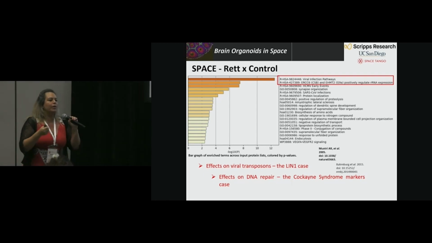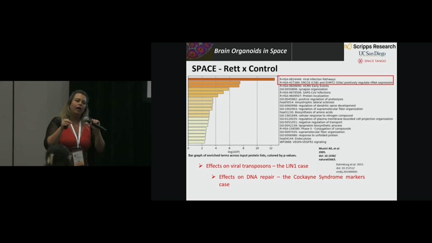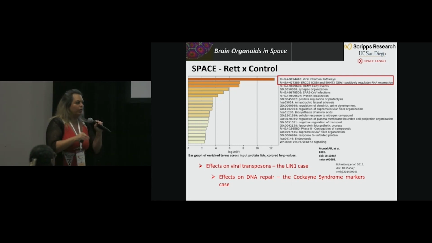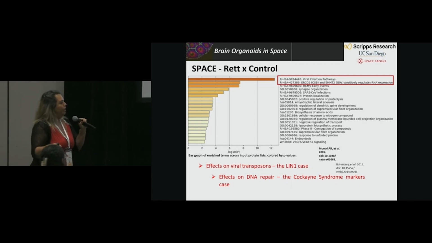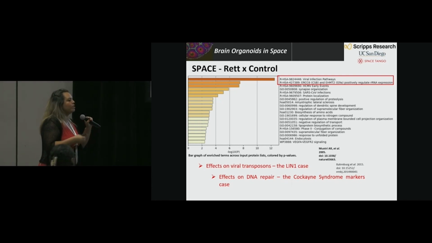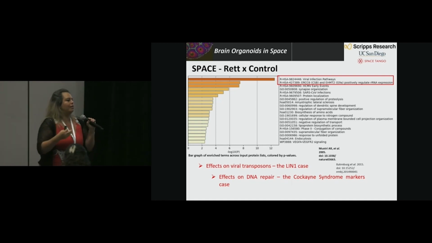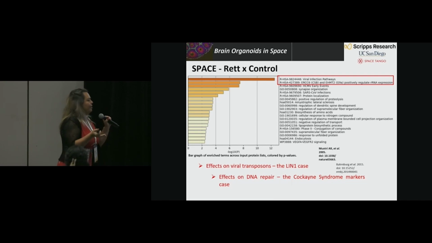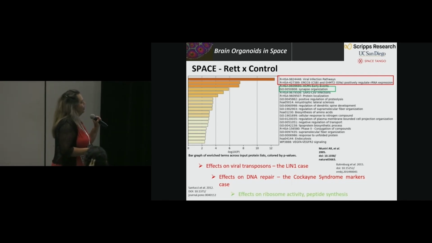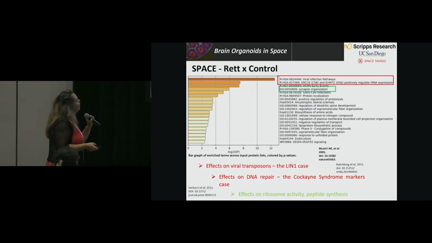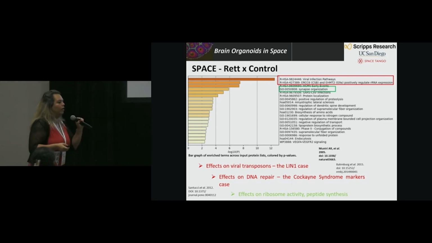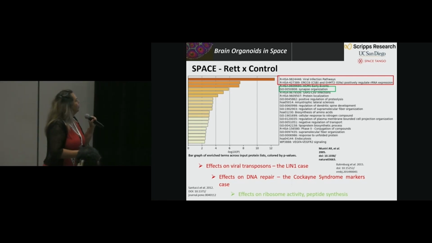Also, proteins related to Cockayne syndrome, which is also a neurodevelopmental syndrome. So that was not unexpected, but these proteins were very intense there. And also proteins related to synapse organization.